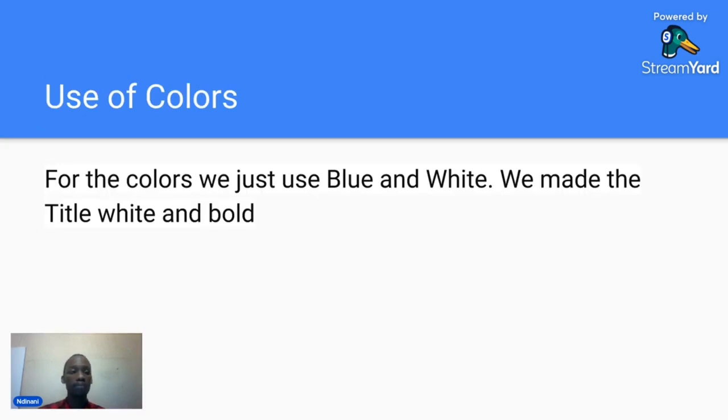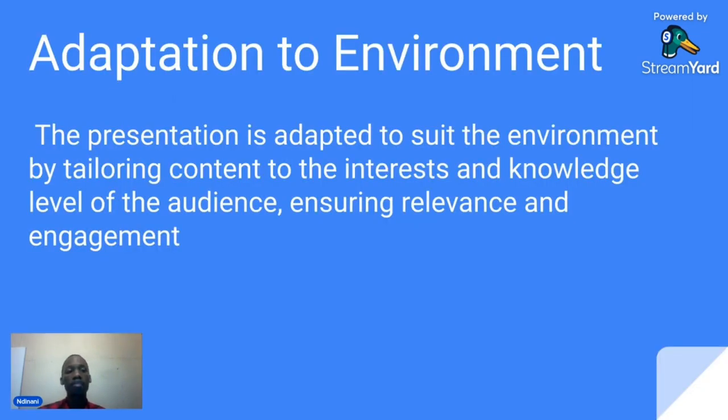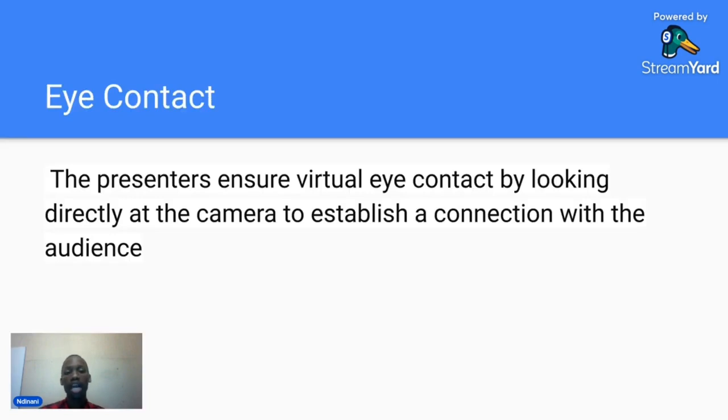Use of colors. For the colors, we just used blue and white. We made the titles white and bold. Adaptation to environment. The presentation is adapted to suit the environment by tailoring content to the interest and knowledge level of the audience, ensuring relevance and engagement. Eye contact.